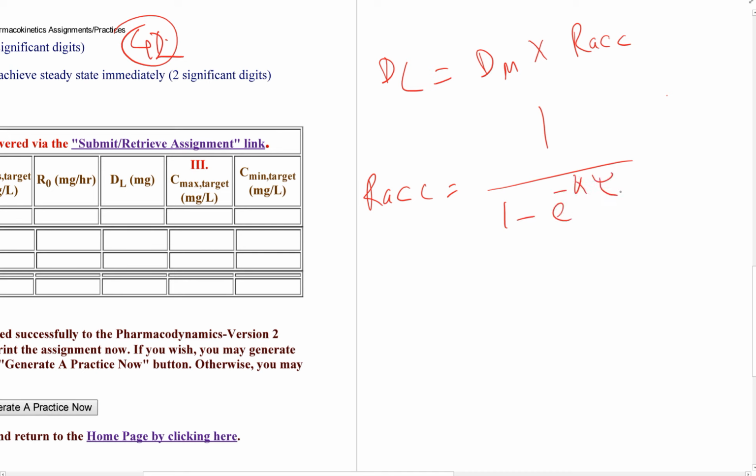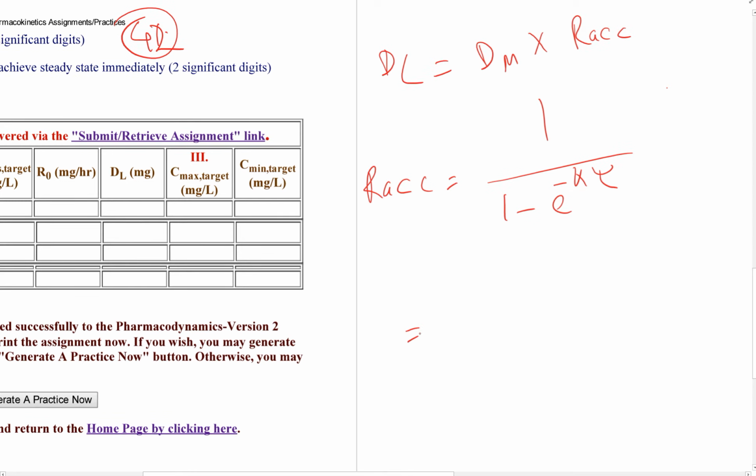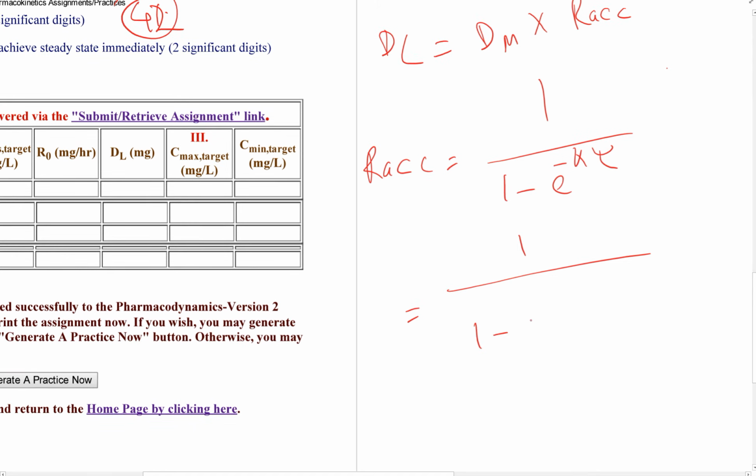Tau is 8, we calculated tau there. So we calculate 1 minus e to the k, using CL by V, which is 0.046453.